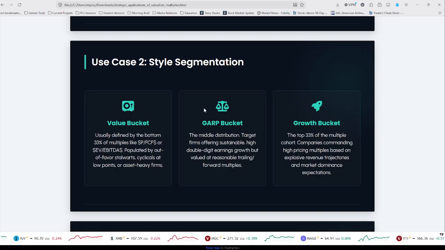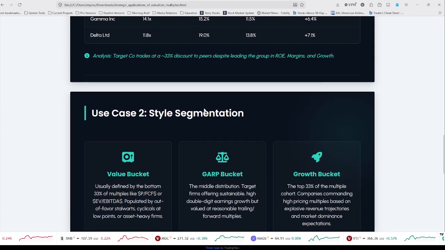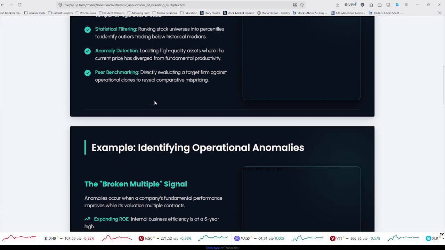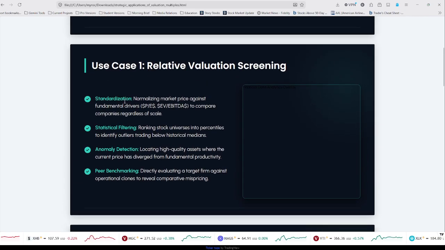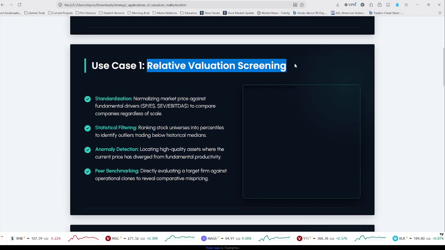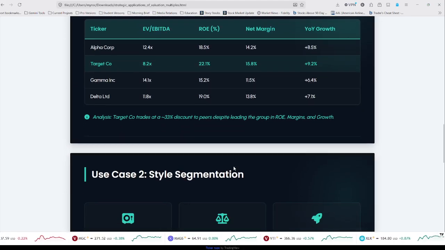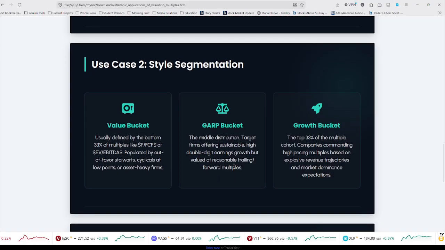This use case for valuation multiples is by far my favorite. When I was talking about these two up here, these are my favorites in the relative valuation process. But I'm not saying those are my favorites overall.